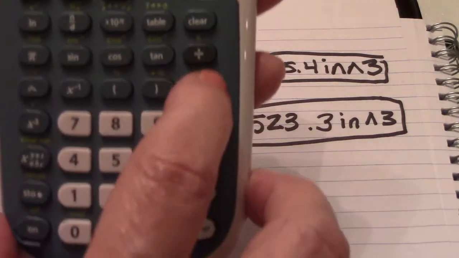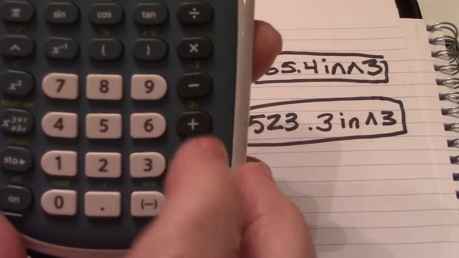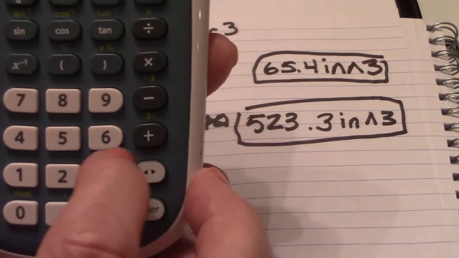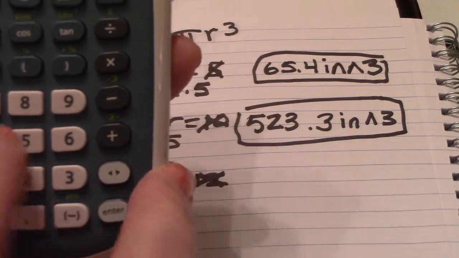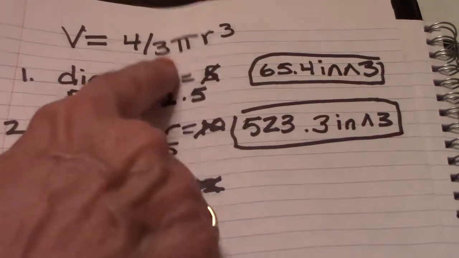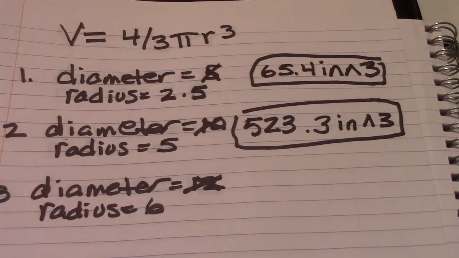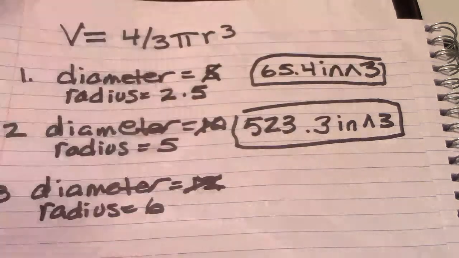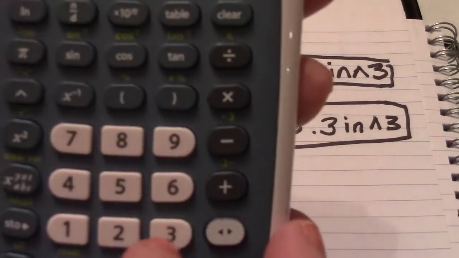And then times 3.14, which is pi, times 6, my radius.